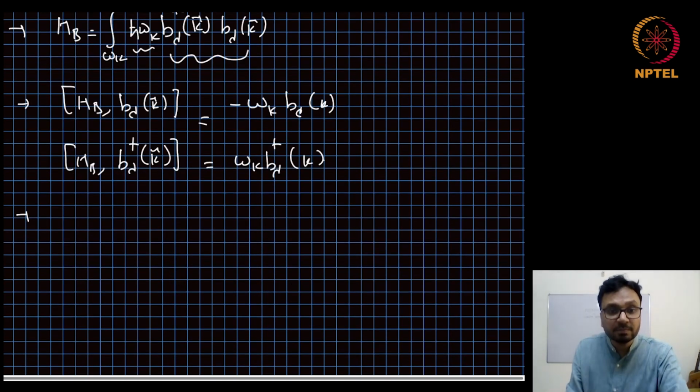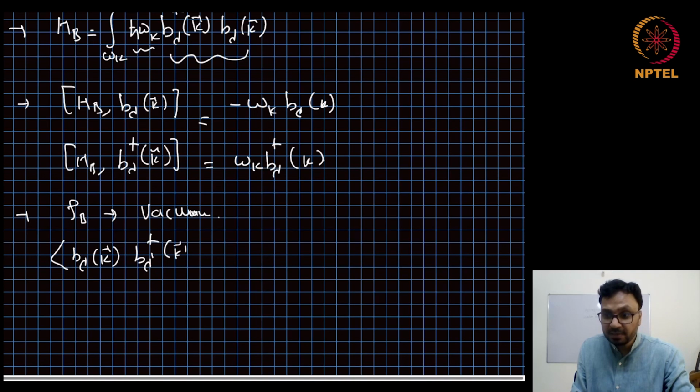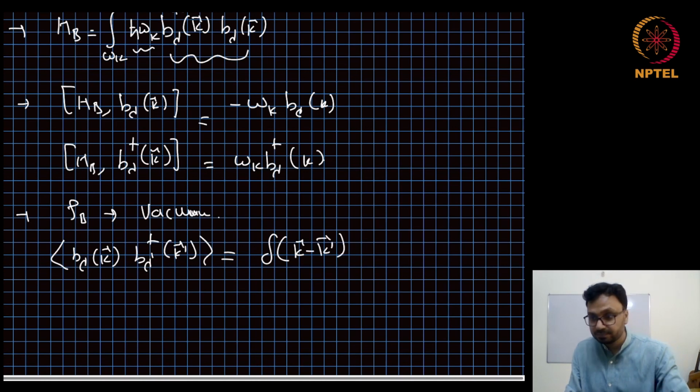If the state of the bath rho_B is a vacuum state, that is, there is no photon in the bath, there is no light, then the bath correlation functions, b lambda k b lambda prime dagger k prime, will be delta of k minus k prime and delta of lambda lambda prime.